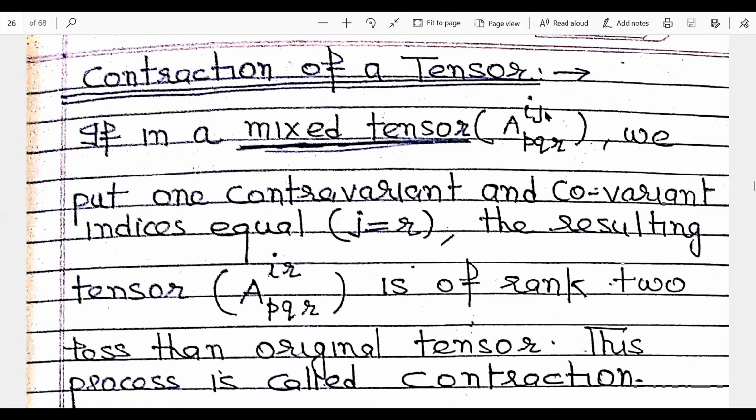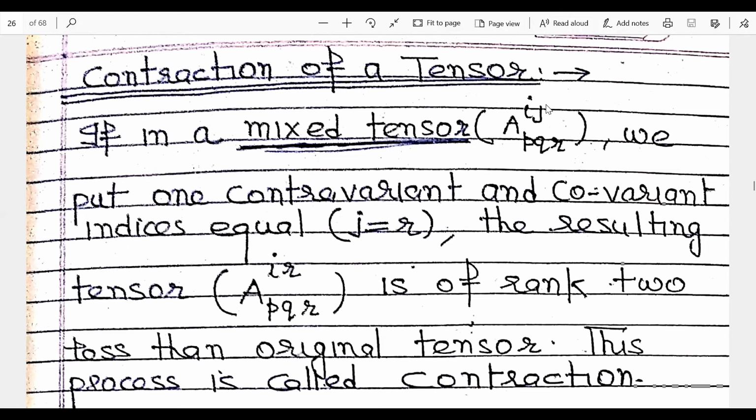If we put one contravariant equal to one covariant, for example, j equal to r, the resulting tensor is of rank 2 less than the original tensor. So it is clear. One is subtracted from this, one is subtracted from this. So total is 2 less than the original tensor.